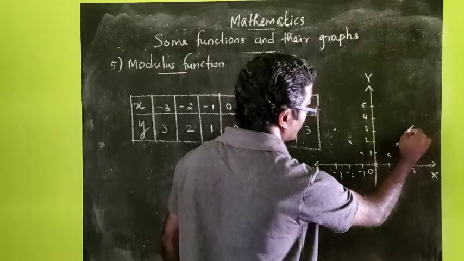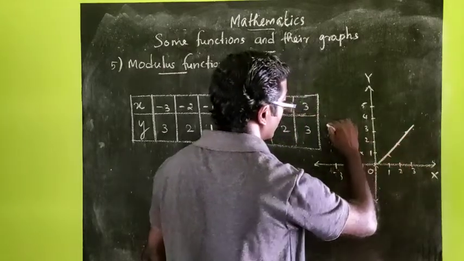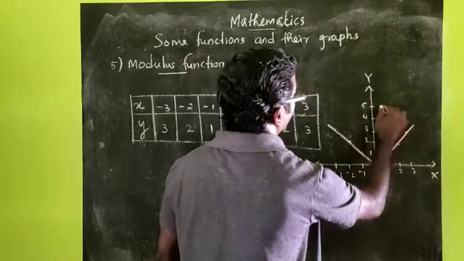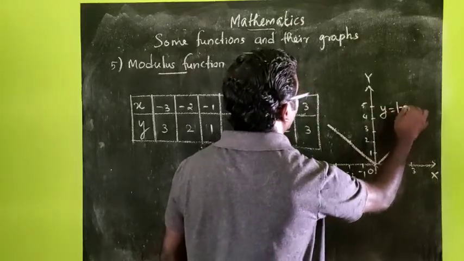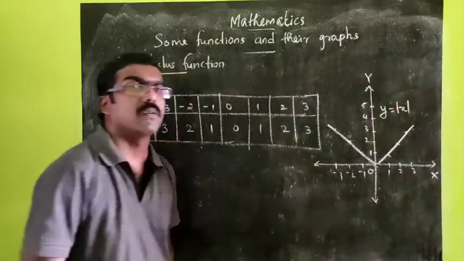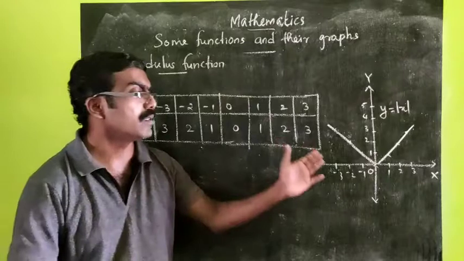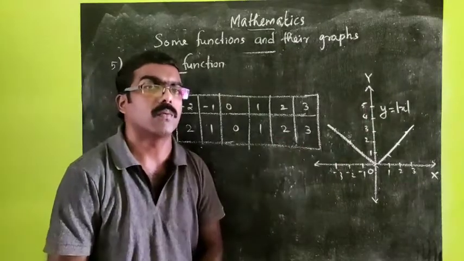You can join. Okay, this is y is equal to modulus of x. Clear? So the graph is a V-shaped curve. Okay.